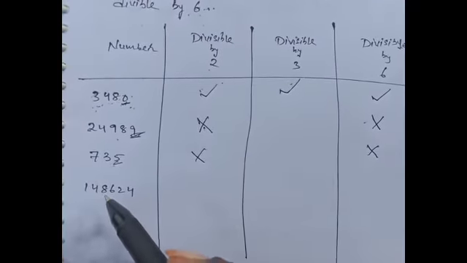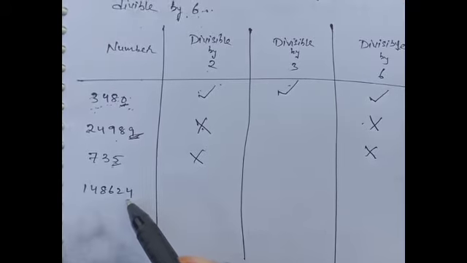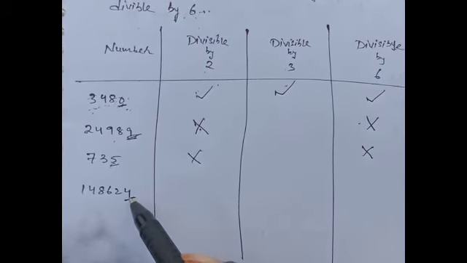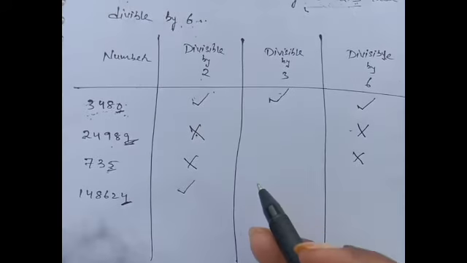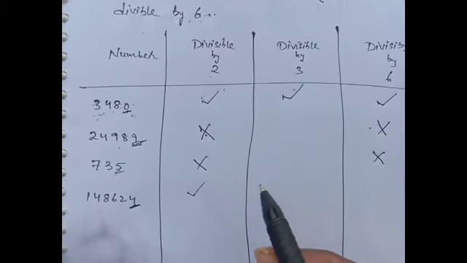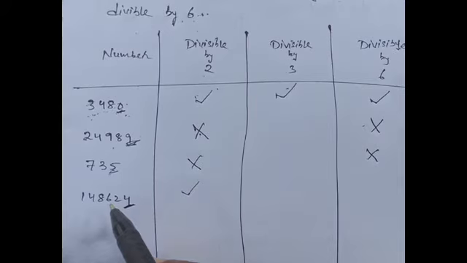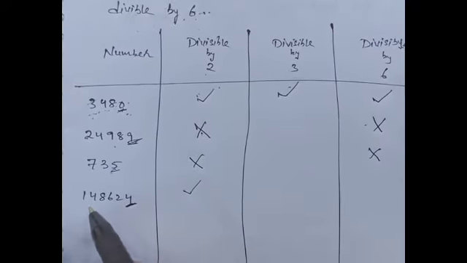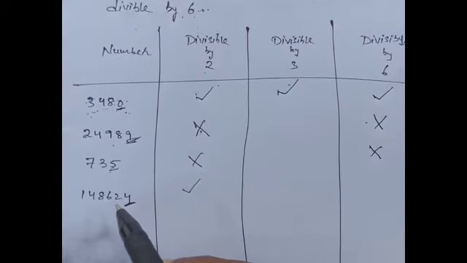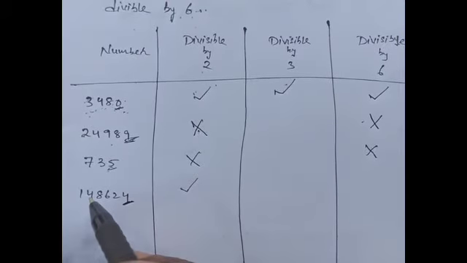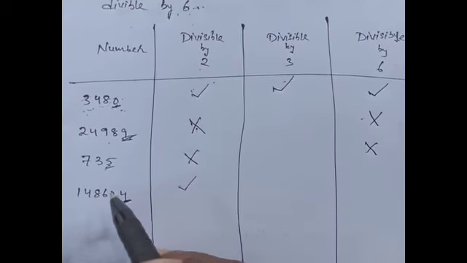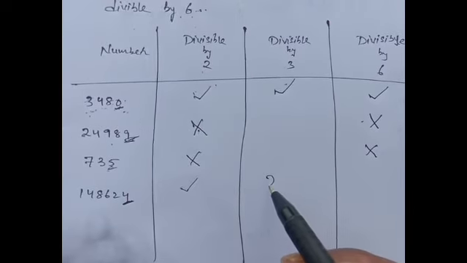The next number is 148624. Here the unit digit is 4. Hence this number is divisible by 2. Now let's check the divisibility test of 3. For this, we have to add all the digits and check whether that sum is divisible by 3 or not. 1 plus 4 is 5, 13, 19, 21 and 25.